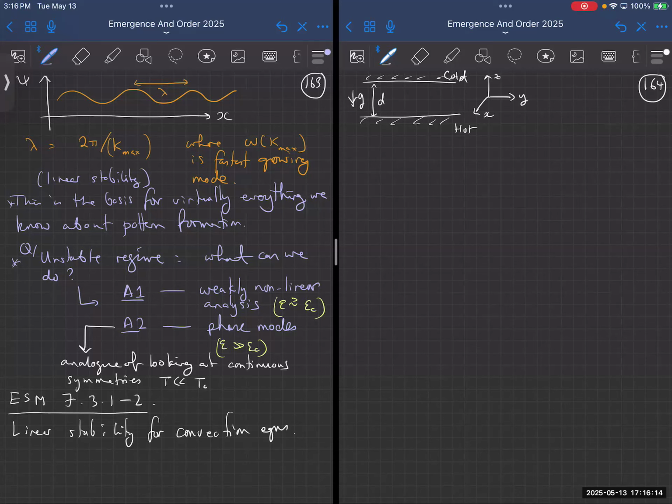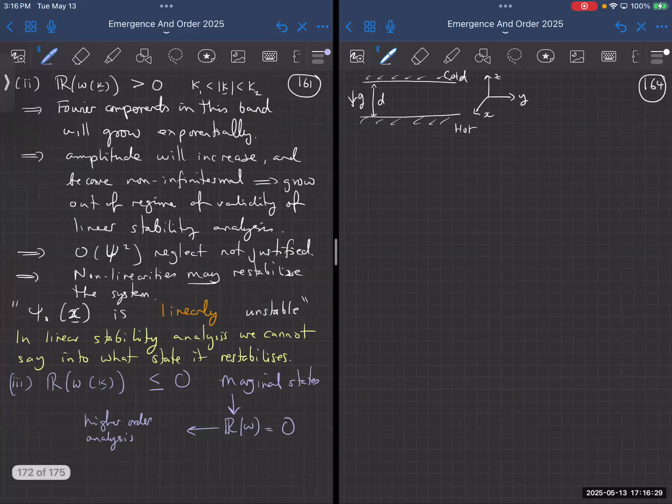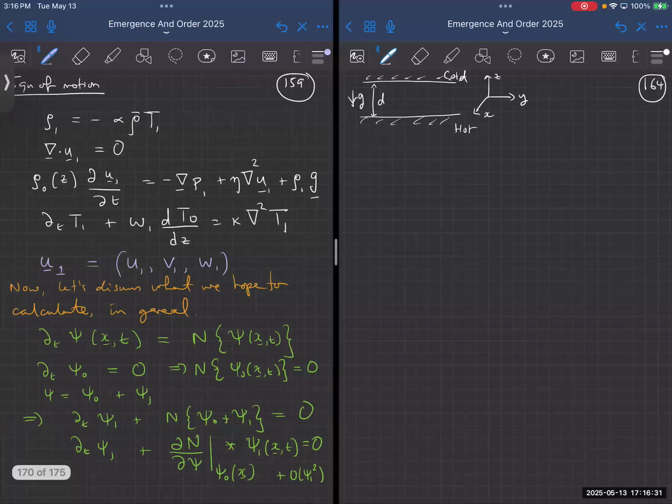So that's our geometry, and what we care about is the velocity field in the Z direction. That was the equation we had in our system.